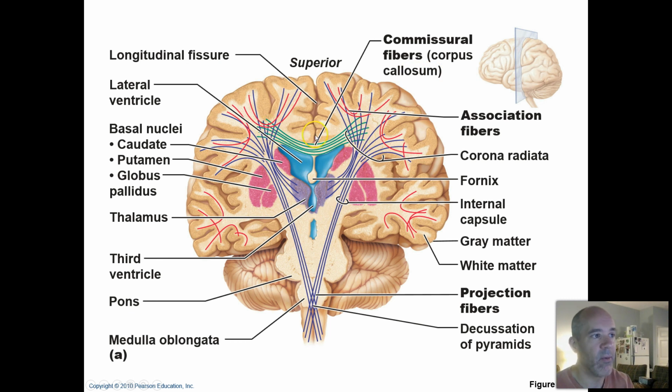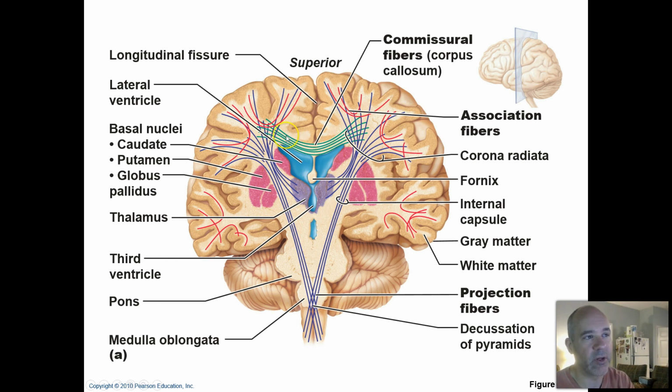And then in red here, notice you do have nerve fibers called association fibers. So those are where you have axons that are extending from one part of the cortex to another part of the cortex. And that's important for association, taking things like visual information, comparing it to past memory so that you can come up with what it is that you're seeing. So those are called association fibers.